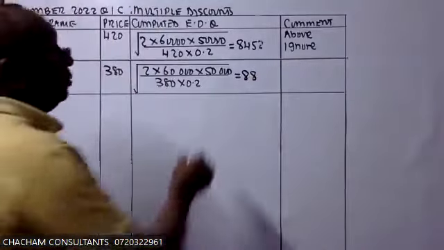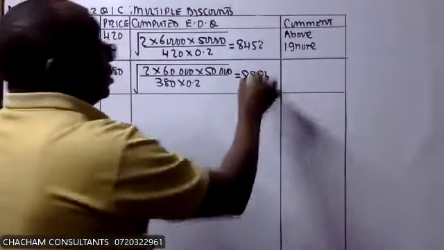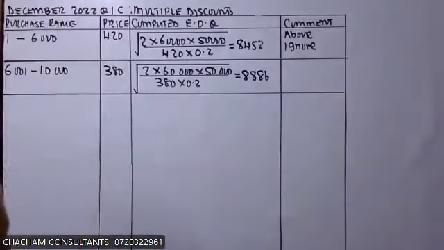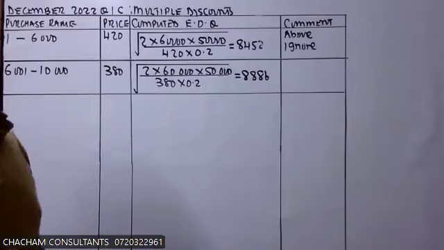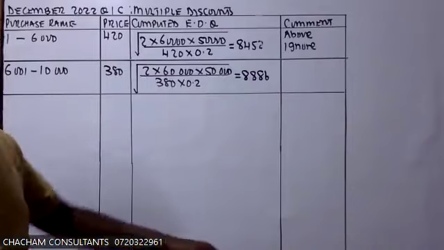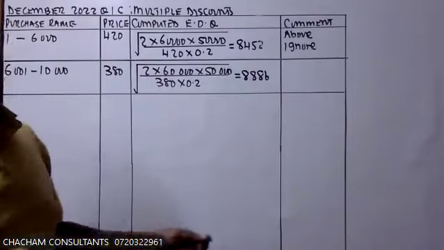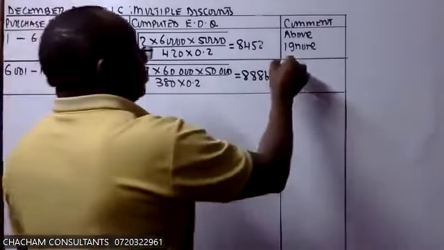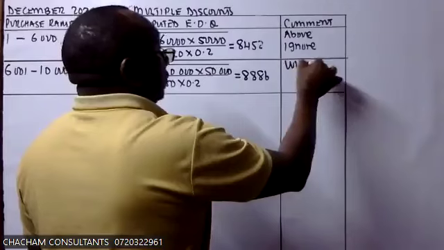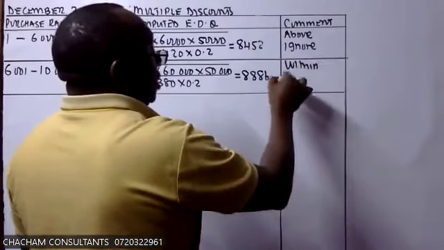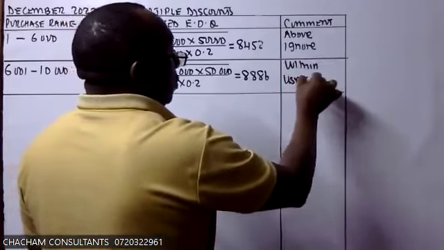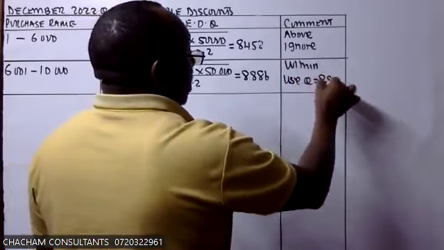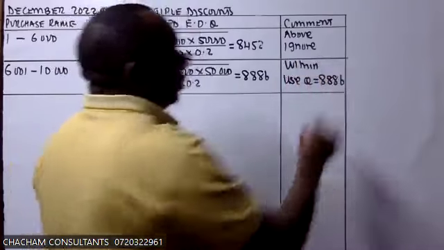We can round up to 86 because if you do the 5, they will not be complete. But even if you work with 5, still okay. Now this one, it is within. So if it is within, you use Q as 8886.